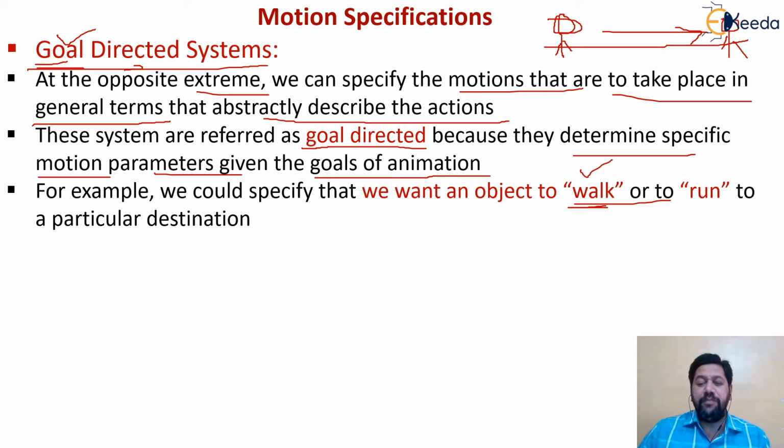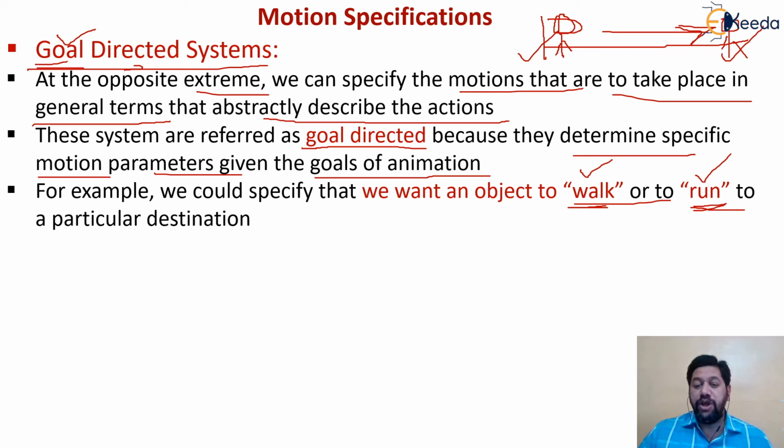So my computer will specify the parameters. It will take into account what is the height of this particular object, with how much speed it is going, whether it is walking fast, whether it is walking slow, or whether it runs. I'm giving the action here that the object should run to a particular destination. So this is my source and this is my destination I'm going to specify.